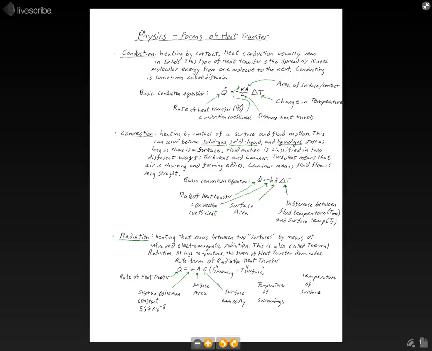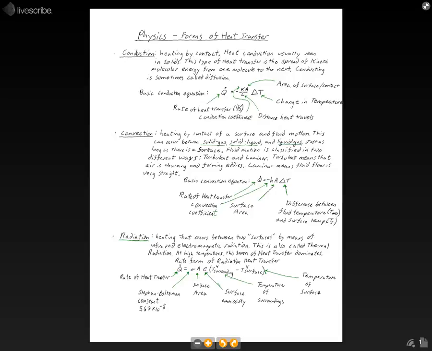This basically means how well the surface can send and receive radiation. It's made up of a couple of components, which are absorption and reflectivity. And then your temperature of the surroundings, so basically your source of radiation, and then your temperature of the surface.